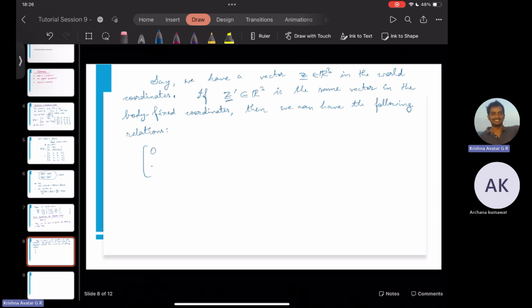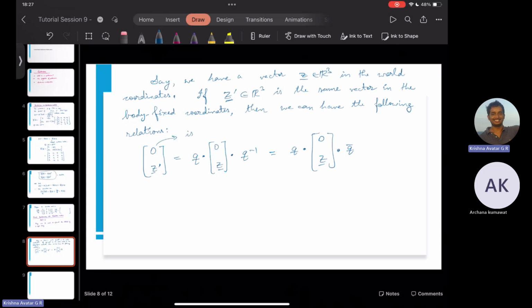It is 0, Z vector prime is equal to Q vector dot 0, Z and Q inverse. And of course, as we recall, the inverse of a quaternion is its conjugate. So this would be written as Q dot 0, Z dot conjugate. Now what is to be noticed here is why we add 0 here.